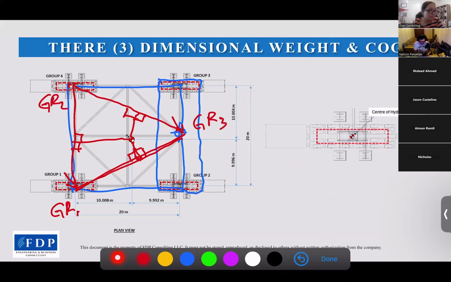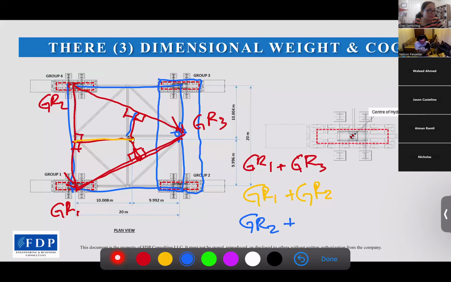So first we find group 1 plus group 3, and then we continue with group 1 plus group 2, and then group 2 plus group 3, and we combine all of them like that. That's for the SPMT hydraulic groups.